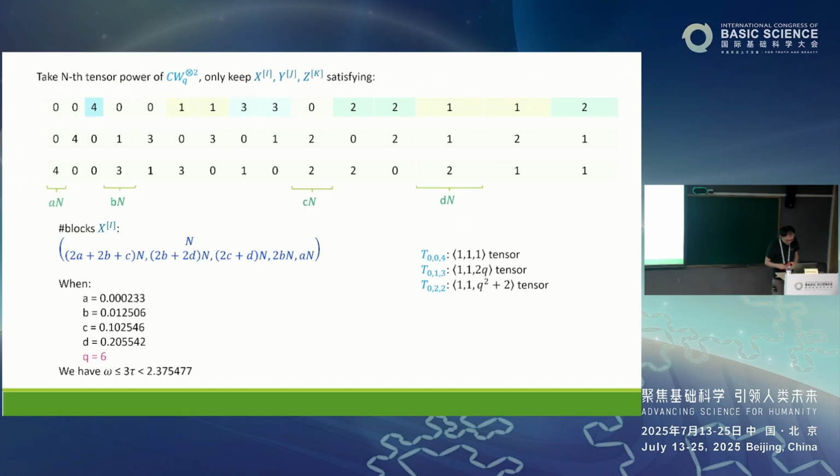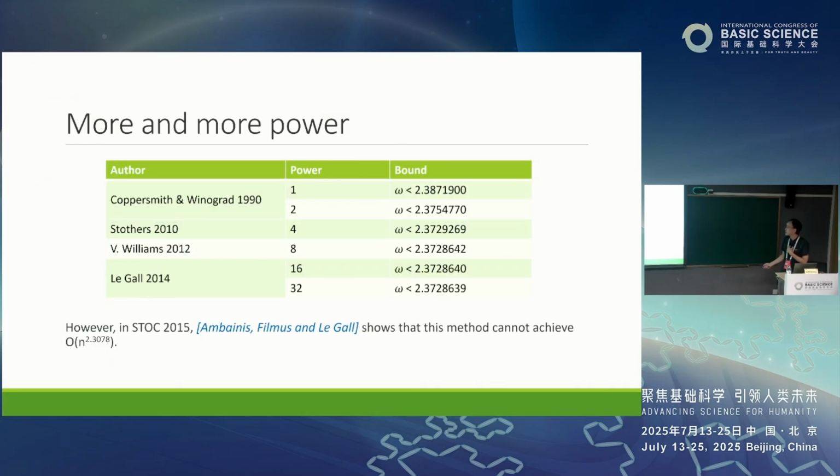That is, by analyzing the second tensor power, it improves omega a little bit. In fact, people then try analyzing further tensor powers, for example the fourth power and the eighth power. But you can see the amount of improvement becomes exponentially small.